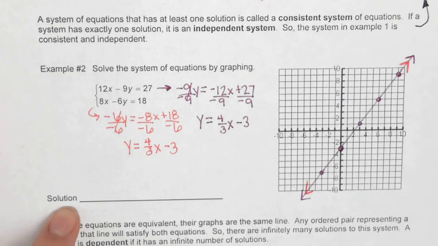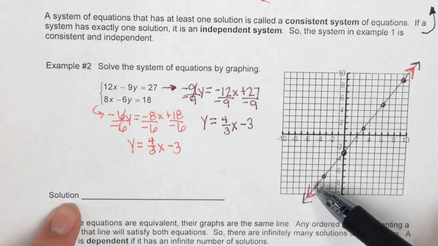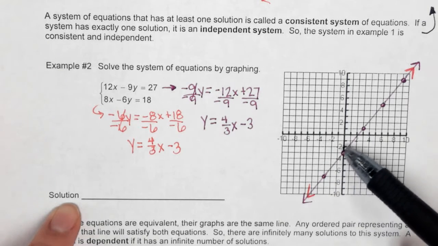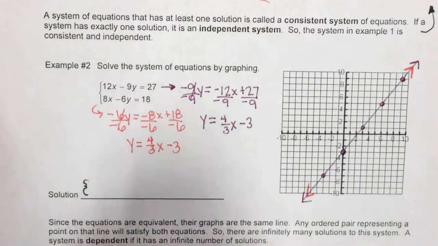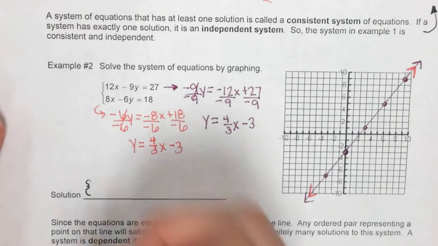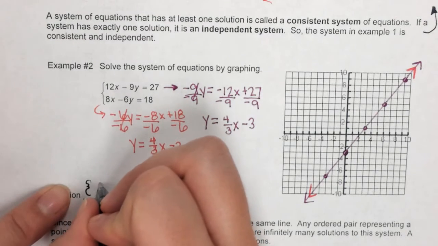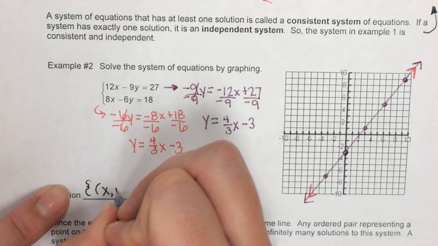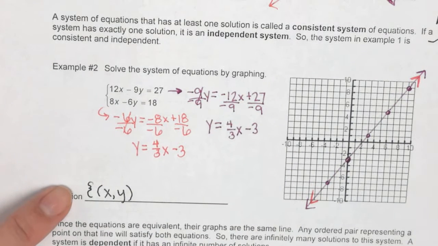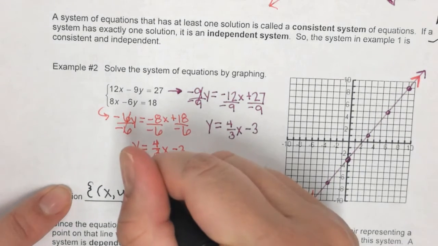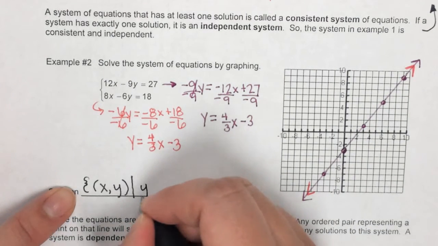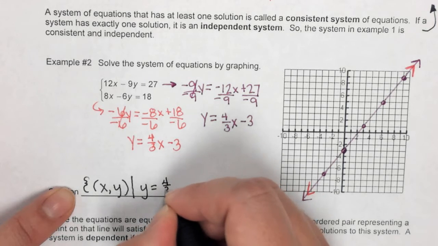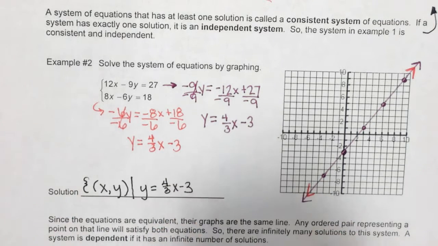Solution doesn't mean tell me how many answers there are. Solution means tell me what the solutions actually are. Okay? And it's hard to name them because it's this point, and this point, and this point, and all these little points. So here's how we do that in Algebra 2. We start with a solution set, of course. We say solution set, all the points x comma y such that, that line means such that, y is equal to 4/3 x minus 3.